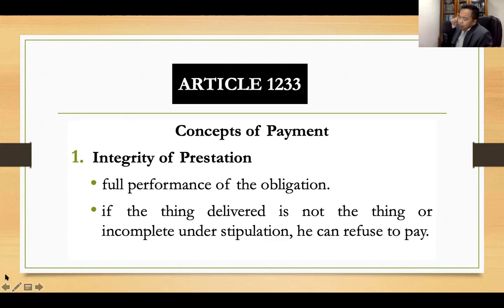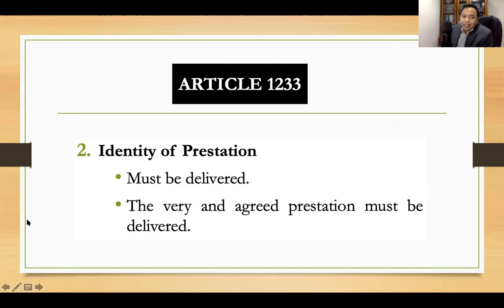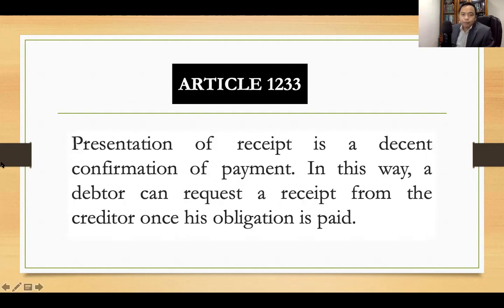When you say integrity, there must be full payment or complete delivery. When you say identity, the object which has been agreed by the parties must be the same thing that has been delivered. Now, presentation of receipt is a decent confirmation of payment. In this way, a debtor can request a receipt from the creditor once his obligation is paid.